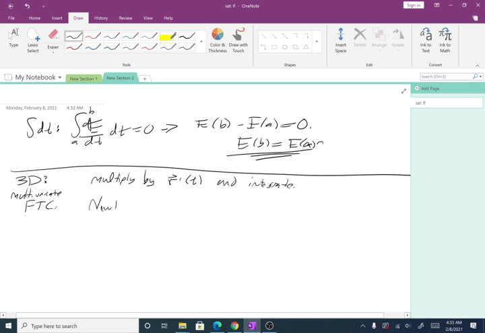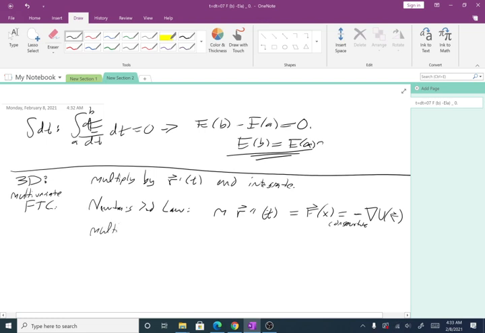So Newton's second law is mass times acceleration is the force, which we assume in the conservative case is minus the gradient of U. So now we multiply. So m r'' times r' will be equal to minus gradient U dot dr/dt.